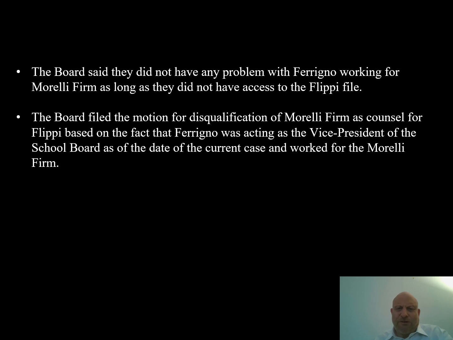So she doesn't have access to the file, she doesn't work on the case, she has nothing to do with the case, fine. Then the board gets sued, and the board changes its mind, says, this is not right, and we're going to move for the disqualification of the Morelli firm as counsel for the plaintiff because of a conflict of interest.